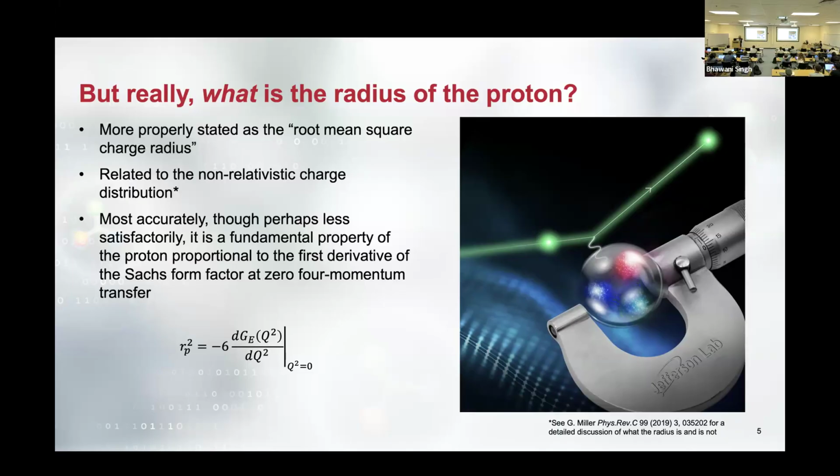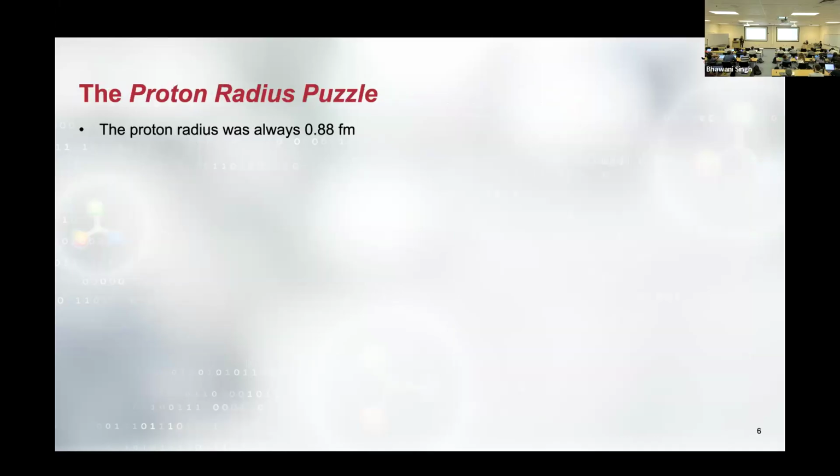More accurately, but maybe less satisfactorily, it's fundamental property of the first derivative of the Sachs form factor when you evaluate it at 0 for momentum transfer. So as I call it, the non-scattering limit, because if you transfer 0 for momentum, you didn't scatter. And I can't advance with that.